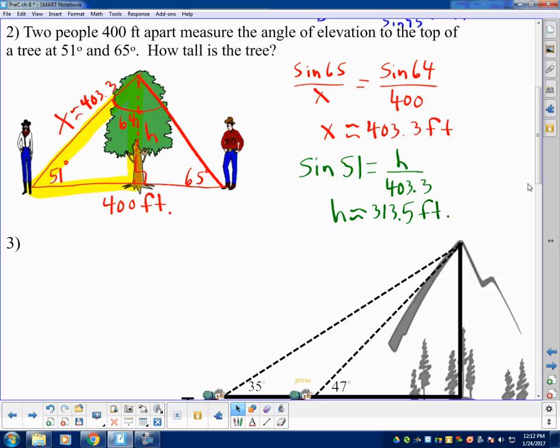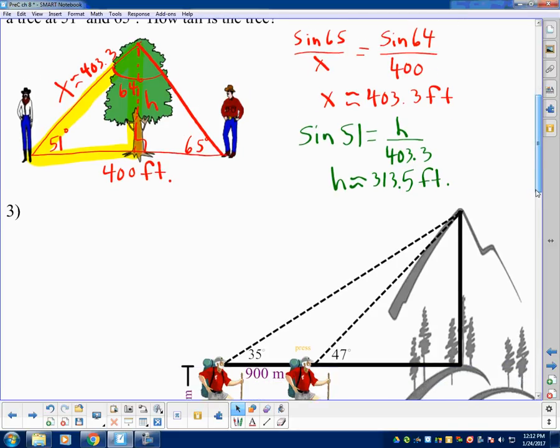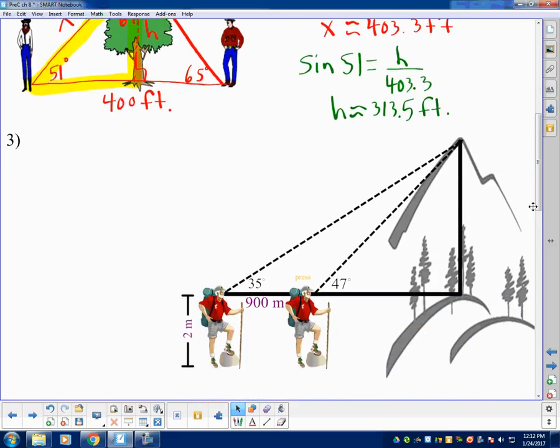So it says to measure the height of a mountain, a surveyor takes 2 sightings of the peak at a distance 900 meters apart, on a direct line to the mountain. The angles of elevation are shown: 35 degrees and 47 degrees, respectively. If the surveyor's equipment, or eye level, is 2 meters tall, what is the height of the mountain?